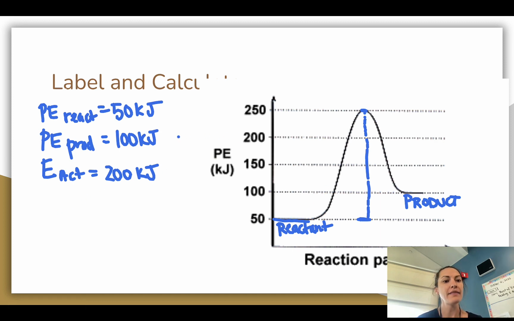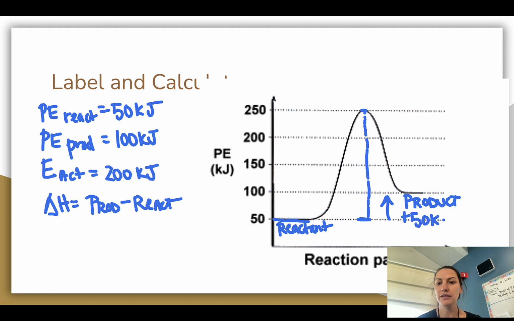Okay, and then the last thing is the heat enthalpy. Okay, the heat enthalpy is the overall change between the products and the reactants. So you're going to do products minus reactants. So when we do that, we can see that we go up by 50 kilojoules.